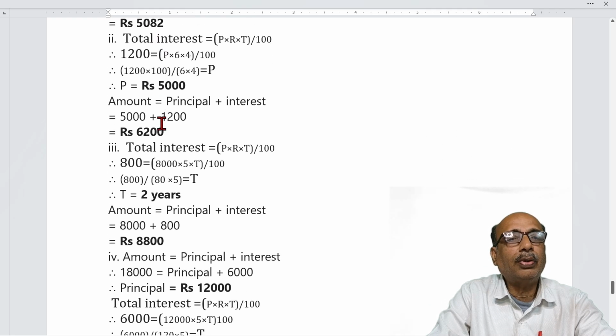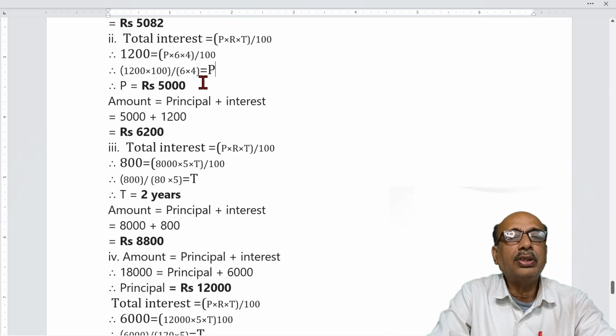Next row, second problem. Total interest, again the formula remains the same. Only two formulas are used in this exercise: total interest equals PRT upon 100, and amount equals principal plus interest. So total interest is given, 1200 equals P is not given, R is given, T is given, upon 100.